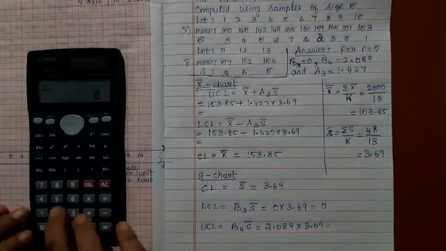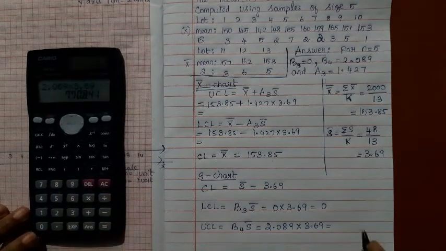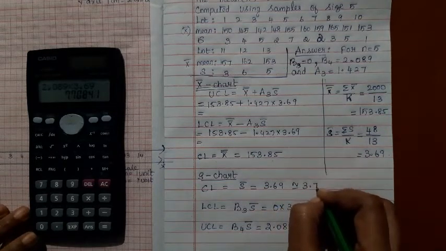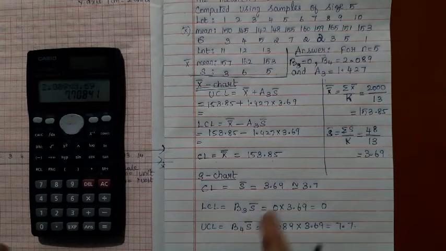So let us compute all these values. 2.089 into 3.69 is 7.7. You can round it to one decimal place, because only those values can be accommodated in the graph.